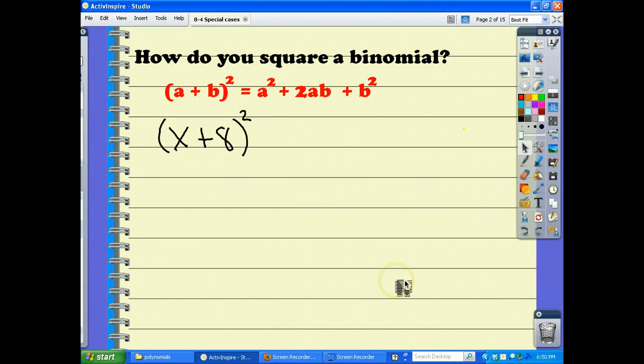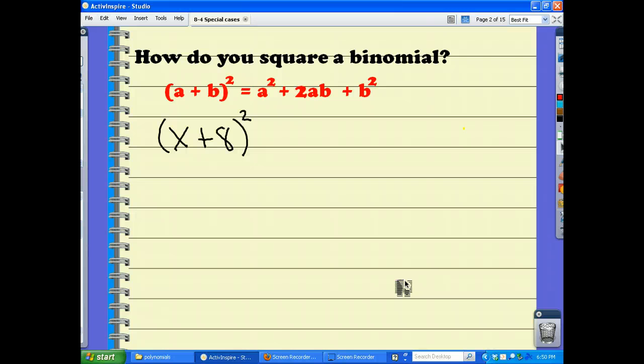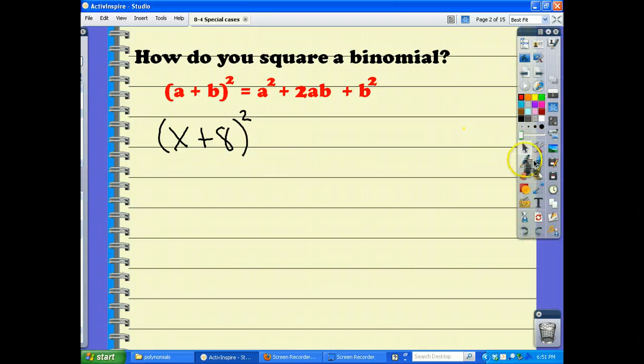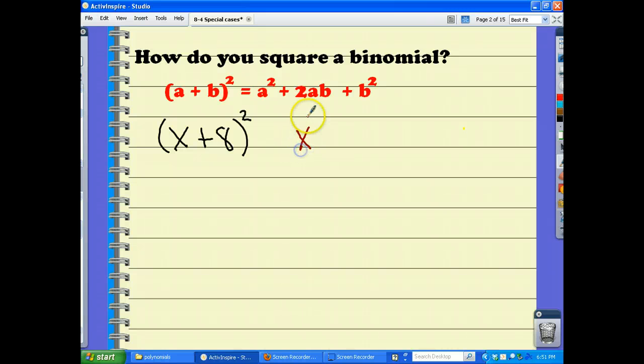All right, how do you square a binomial? If you look at x plus 8 squared, your first thought would be to just say x squared plus a positive 8 plus 64. But the problem is we're missing our middle term.